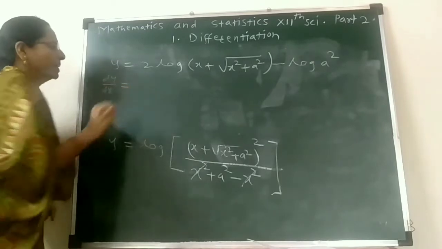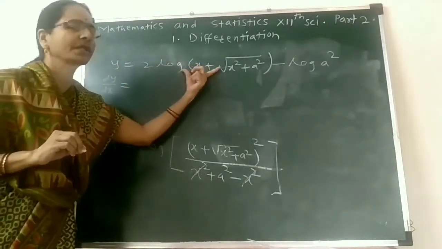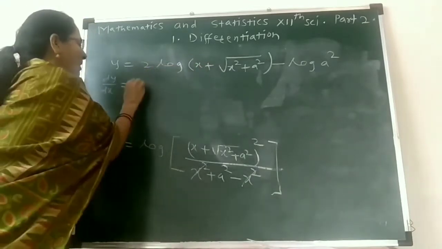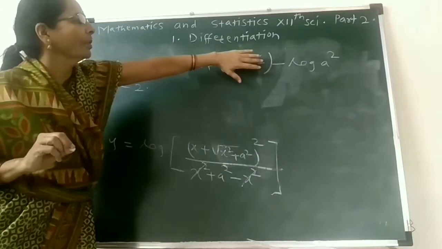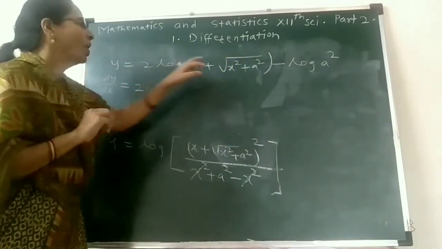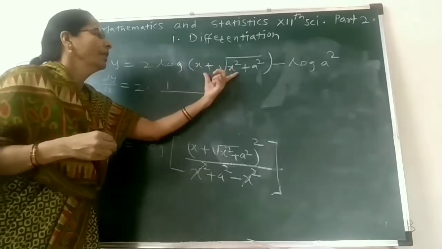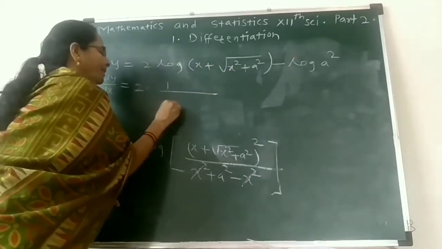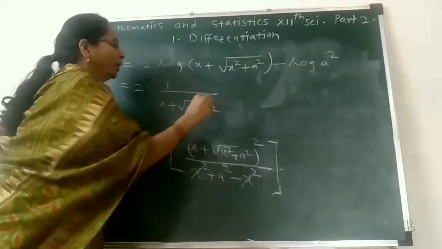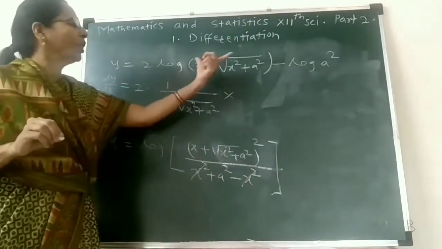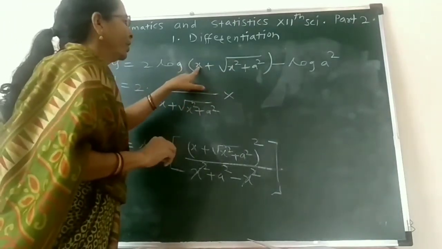dy by dx is equal to, here is a constant and a log function, so the constant stays as it is. The derivative of log of this term, suppose x, log x derivative is 1 upon x, so 1 upon this term into the derivative of this term. Take derivatives respectively.